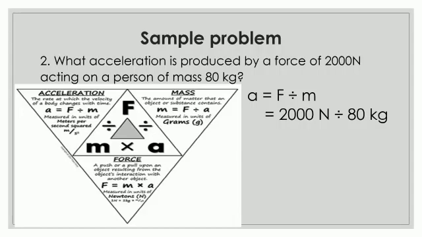This gives 25 meters per second square. So the acceleration produced by a force of 2,000 newtons acting on a person of mass 80 kilograms is 25 meters per second square.